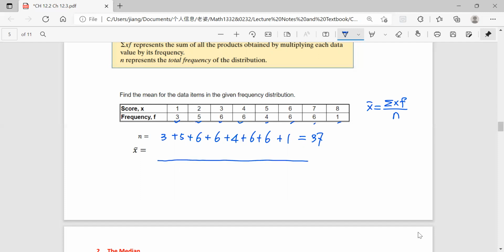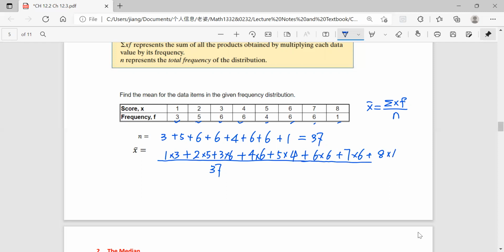So x bar equals sigma x times f over n, over 37. How to find sigma xf? That equals each x times its frequency. The first x is 1 times 3, plus the second x is 2 times 5, plus 3 times 6, plus 4 times 6, plus 5 times 4, plus 6 times 6, plus 7 times 6, plus 8 times 1.